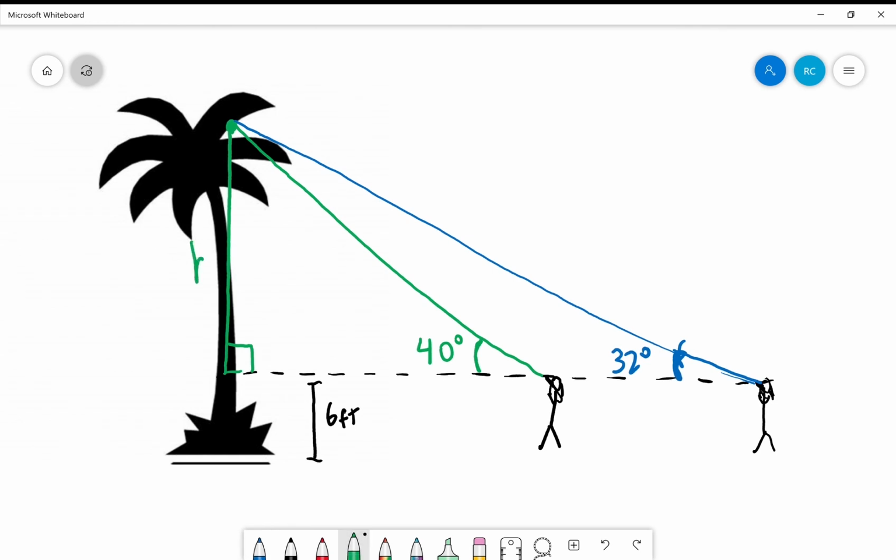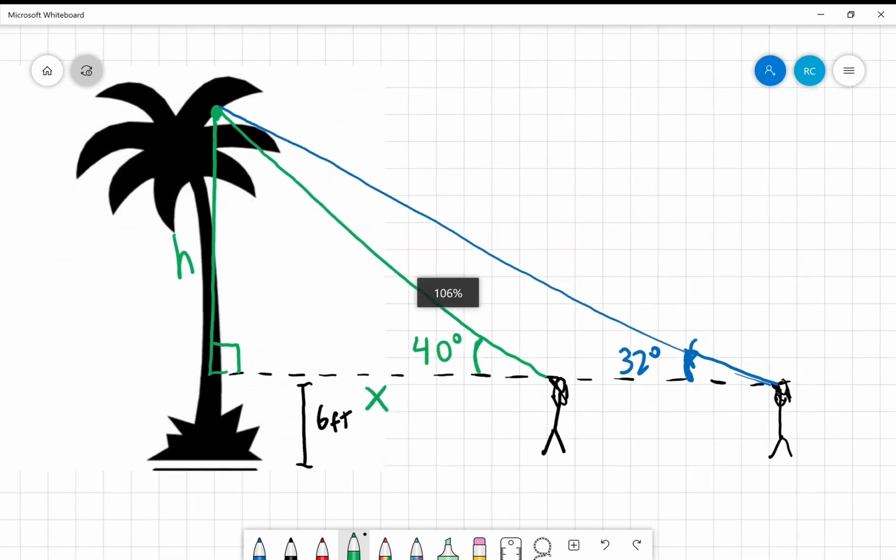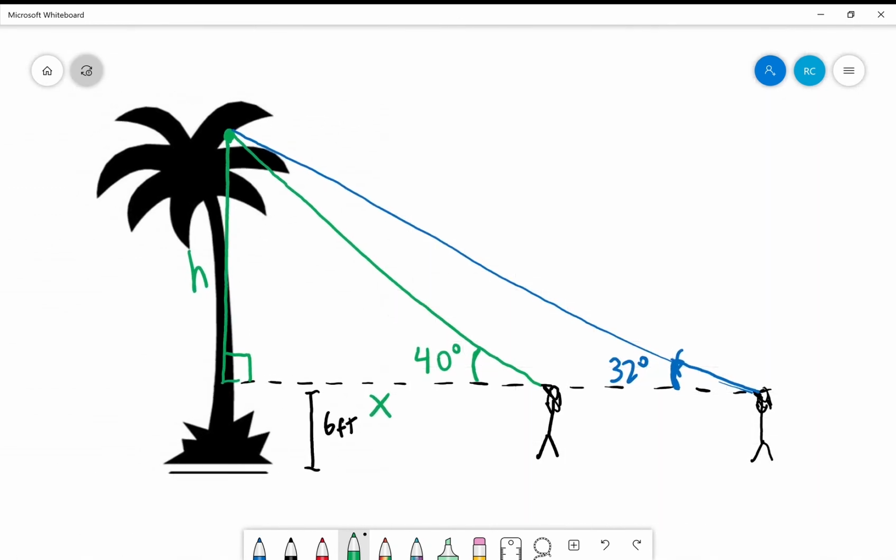We are looking for this height, and we have no idea how far away I am initially from the tree, but we do know the distance between the two positions that we took it is 27 feet.